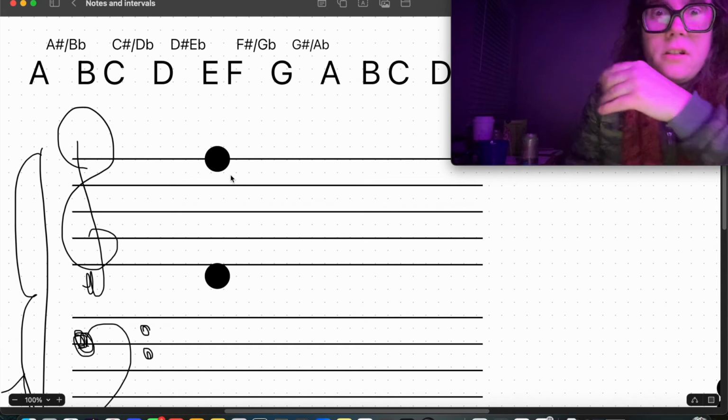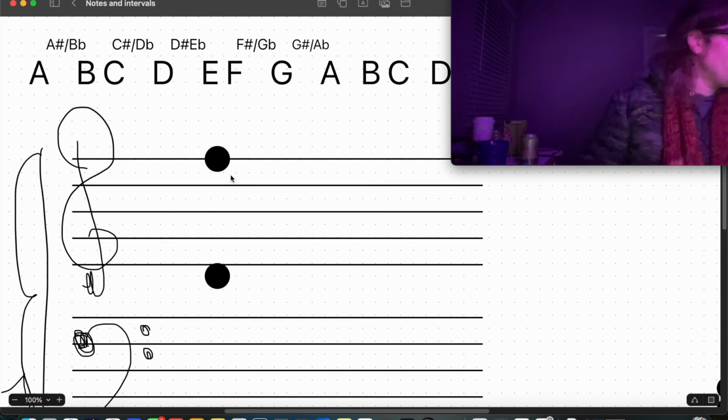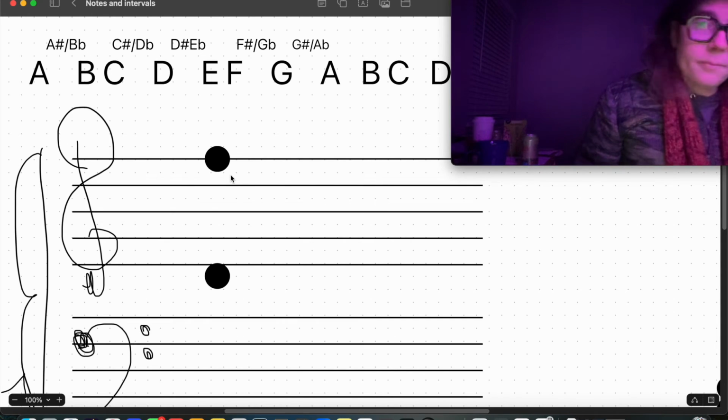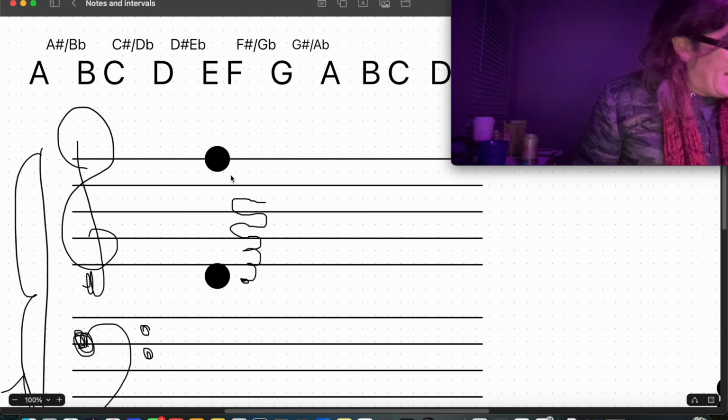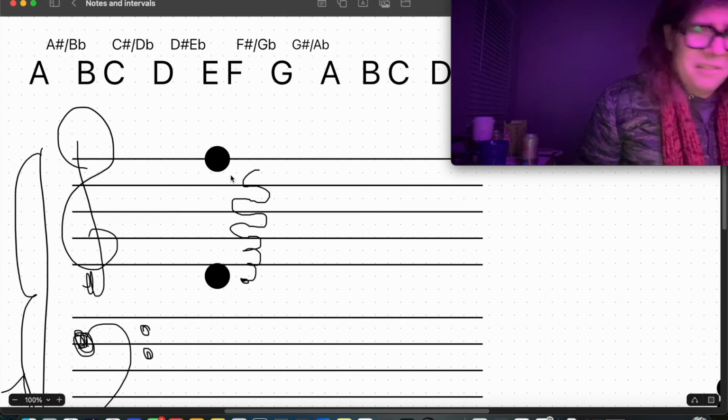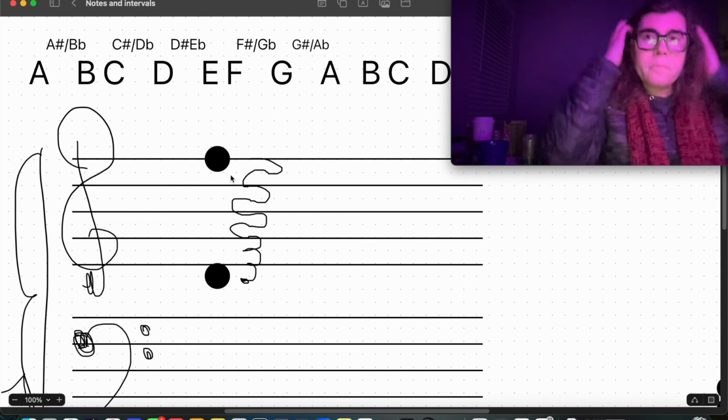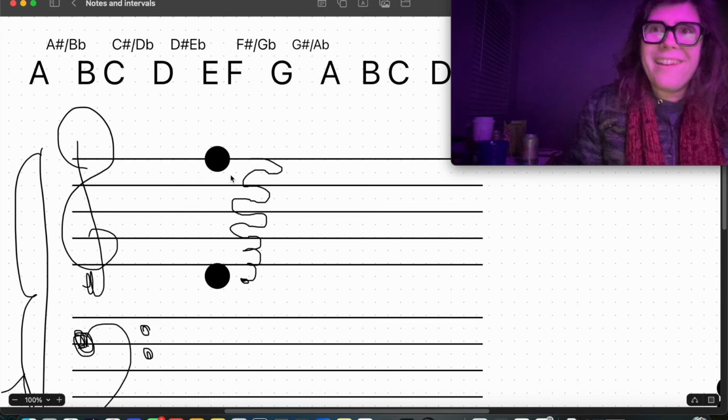What's this interval? Let's count it. So, okay, our D is 1, line 2, space 3, line 4, space 5, line 6, space 7, line 8, space 9, yeah, line 10. 10?